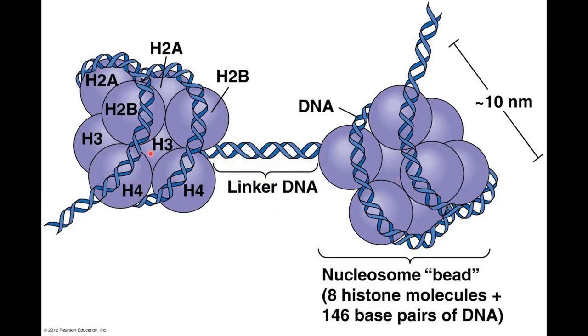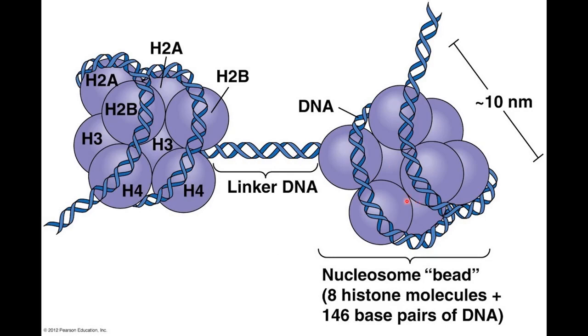Now, this structure will be formed like beads on a string. One histone core will be present around which DNA will be wrapped, then it will be wrapped to the next core histone. So this complete structure looks like beads on a string.